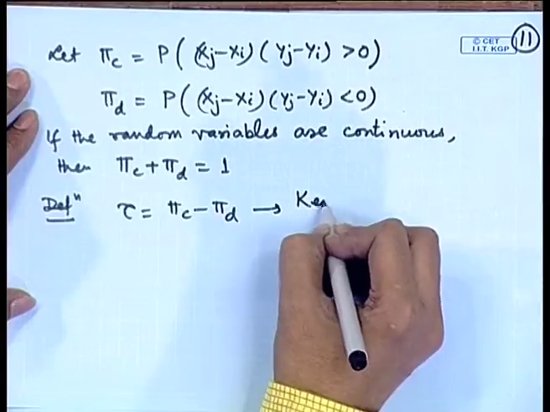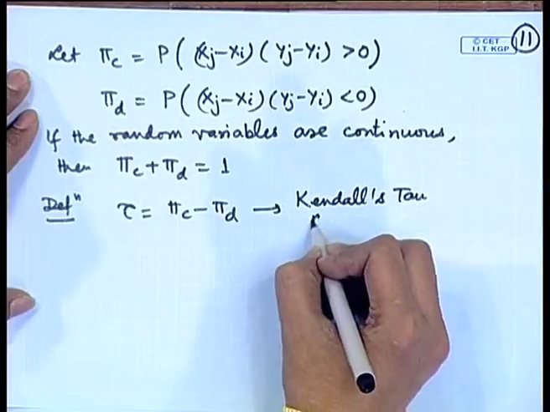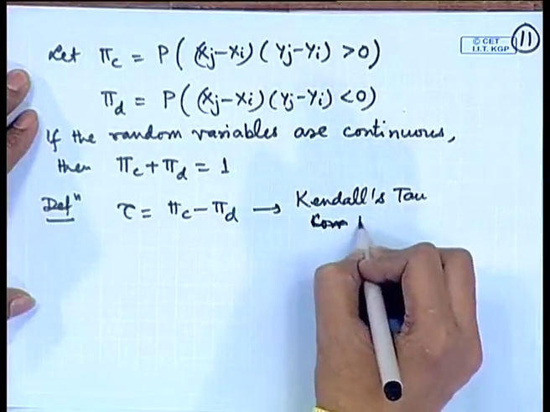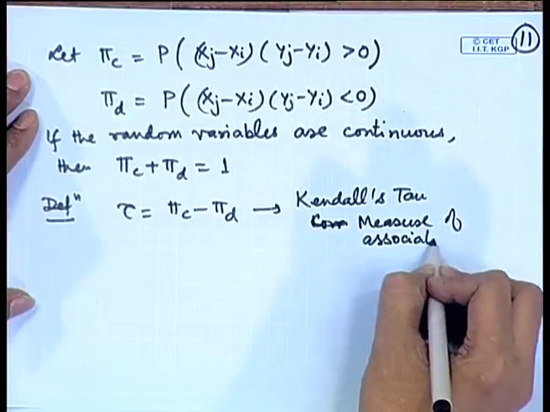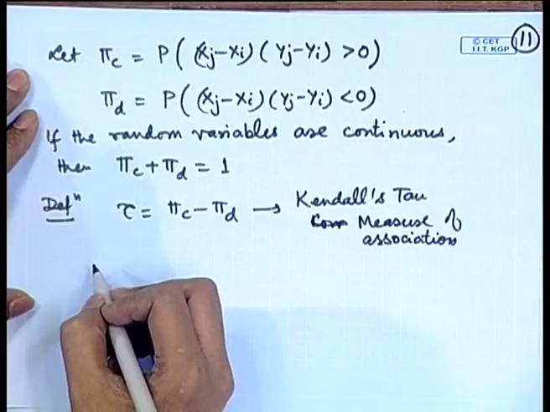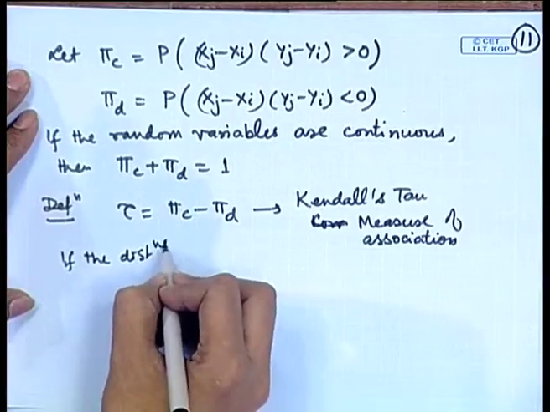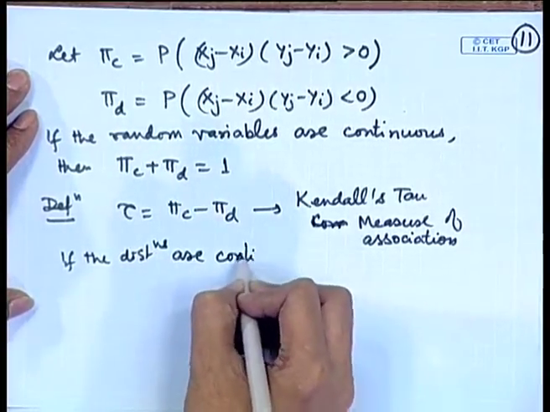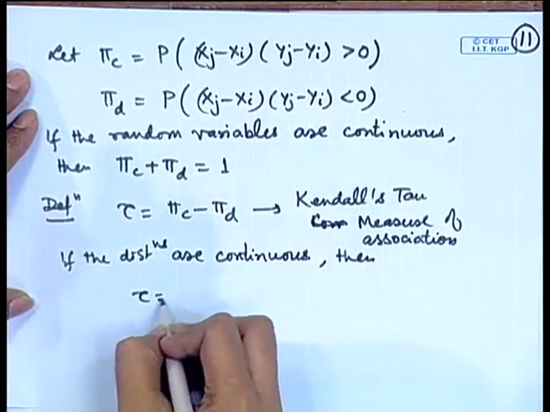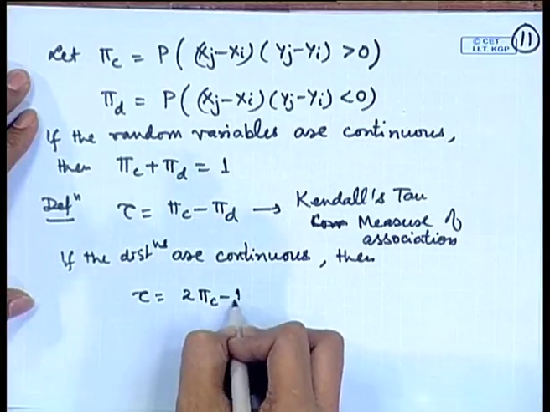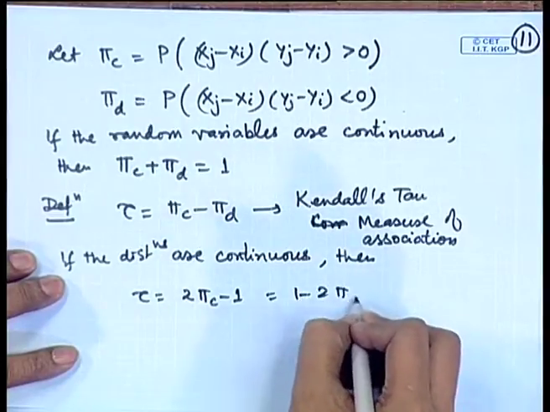This is called Kendall's tau correlation coefficient or measure of association. If the distributions are continuous, then we may take tau equal to twice pi_c minus 1, by putting pi_d equal to 1 minus pi_c, or you can say it as 1 minus twice pi_d.